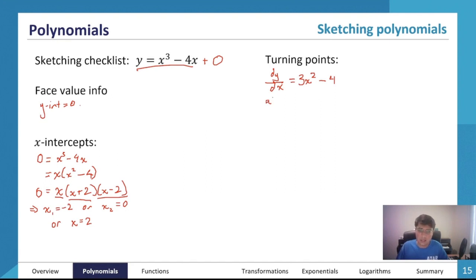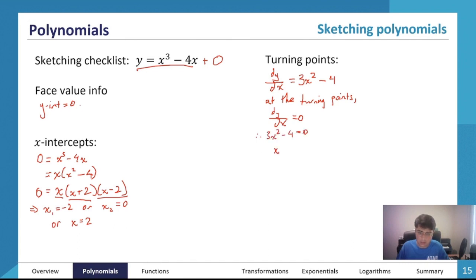Then we can just say at the turning points, dy/dx equals 0. Therefore, 3x squared minus 4 equals 0.